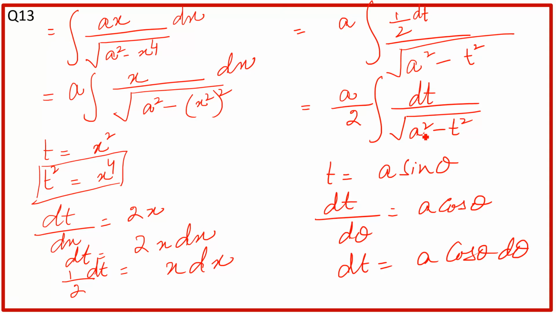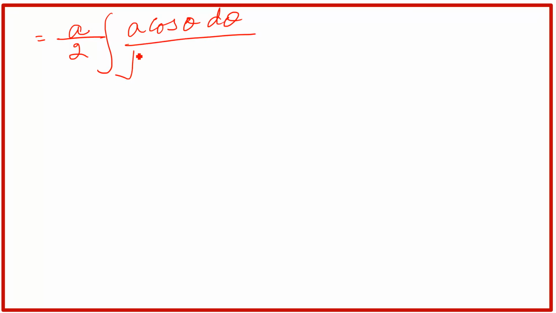And then in the denominator, a square minus t square, and t is equal to a sine theta, so I can write a square sine square theta. I will put the values here in the next screen, which is equal to a over 2 remains the same, a cos theta d theta, and then here is a square minus a square. Instead of t, we can write the value sine square theta.